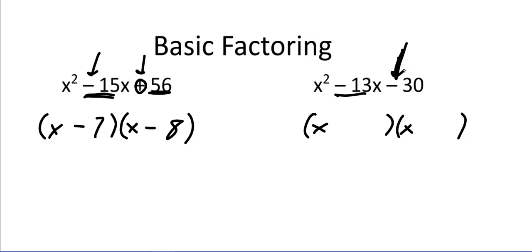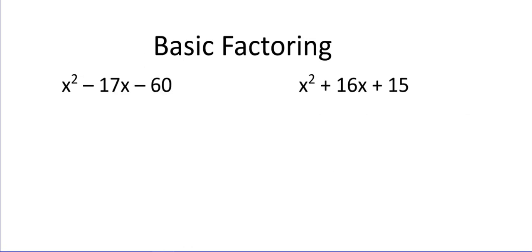All right? And that's going to be 15 and 2. 15 times 2 is 30. 15 minus 2 is 13. And 2 minus 15 is negative 13. And that's what we want. We want the bigger number to have the sign that's right here. Now again, if this was positive 13 in the middle, then we would have had plus 15 and minus 2.